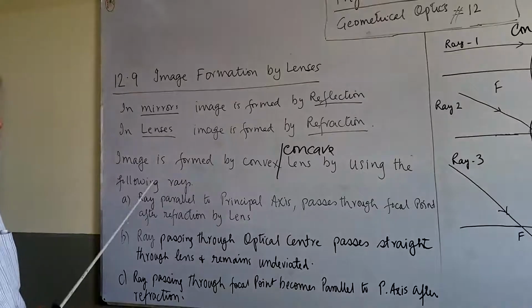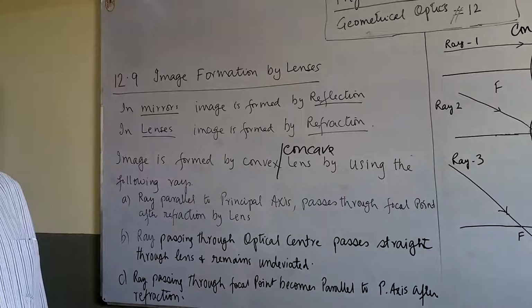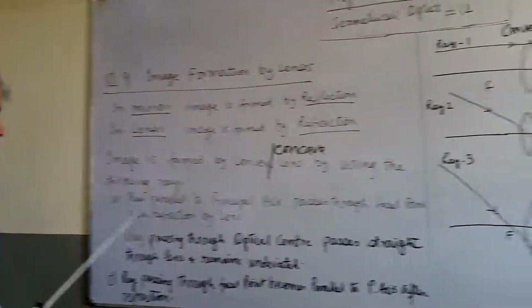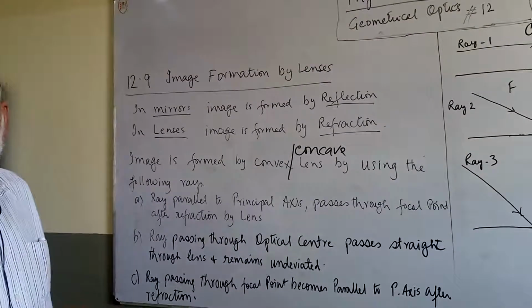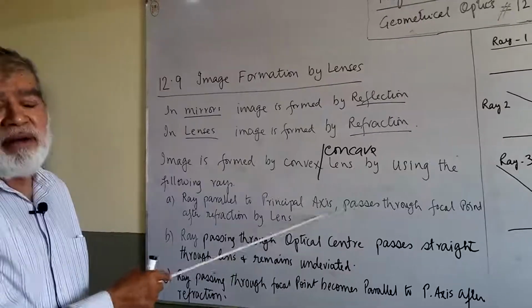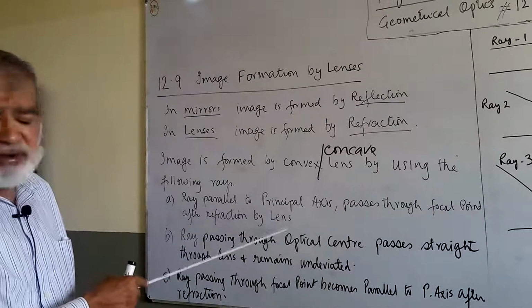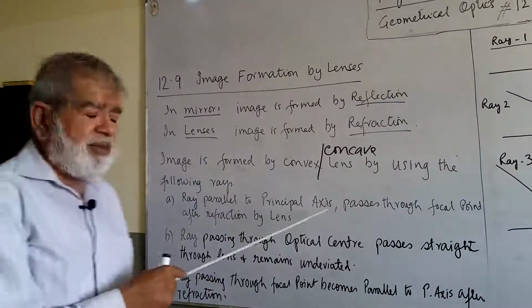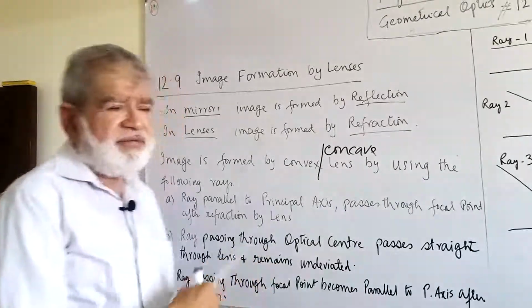Image formation by a convex lens or concave lens uses the following three rays, or any two of them. A ray which is parallel to the principal axis passes through the principal focus after refraction.